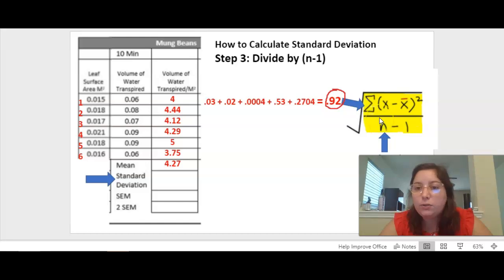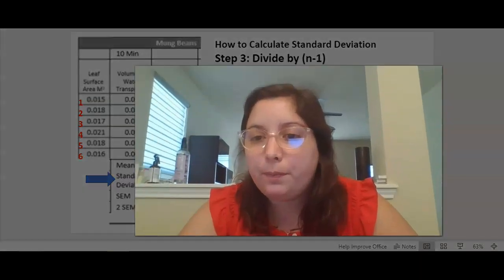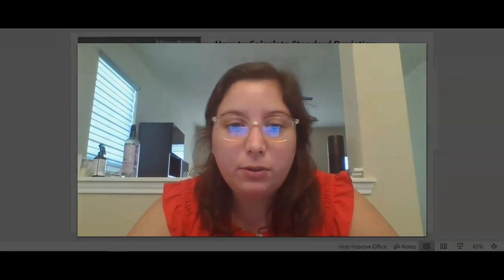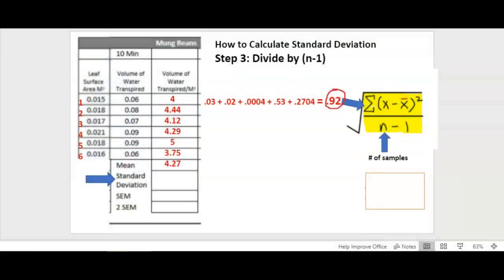I need to divide that by n minus 1. Now, n minus 1, that's not what I wanted to do. Didn't want you to see my big face. All right, n is going to be the number of samples, and we already found out that that's going to be 6.